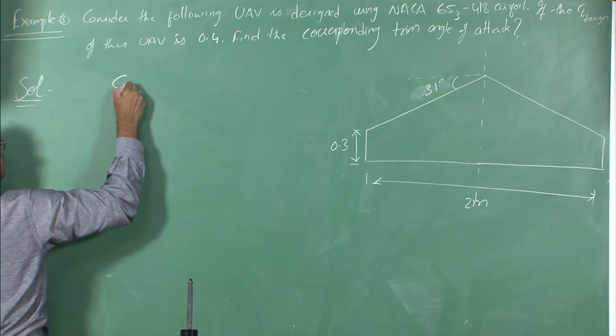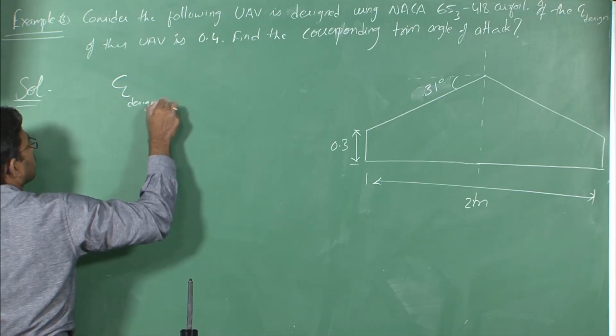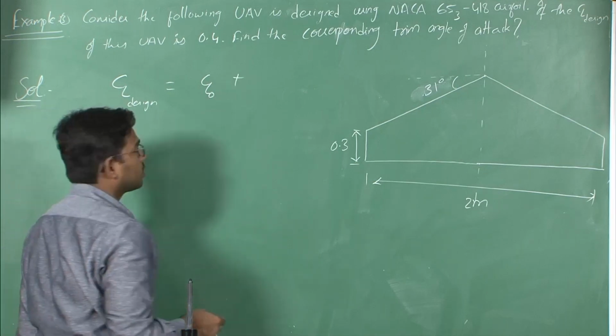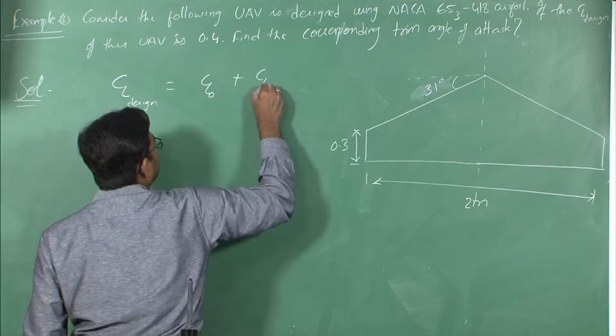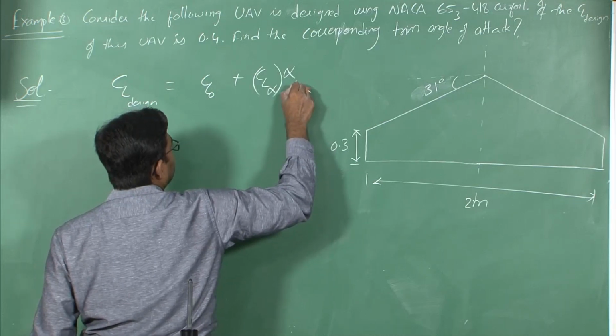If the CL design is known, then we can express the CL of this wing as CL naught plus CL alpha of the wing into alpha trim.